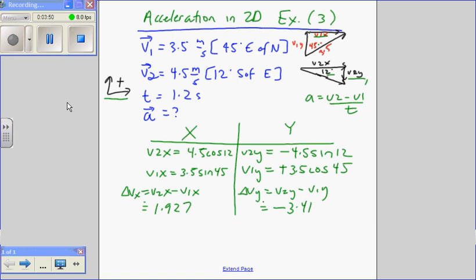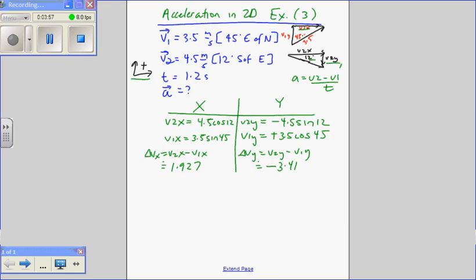Okay, so we have our x component and y component. We're going to find our overall change in v by drawing a right angle triangle. Remember, the strategy is to put your pencil down, start drawing the x, add the y to it without lifting up. So 1.927 in the x, y is negative, it's going to come down like this.